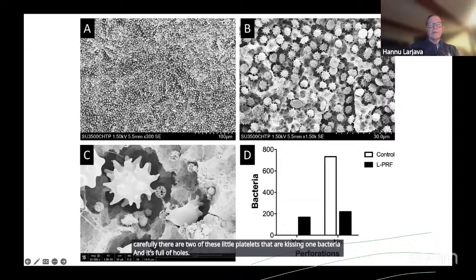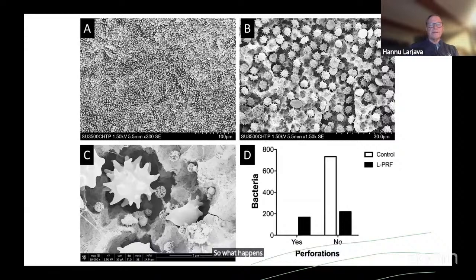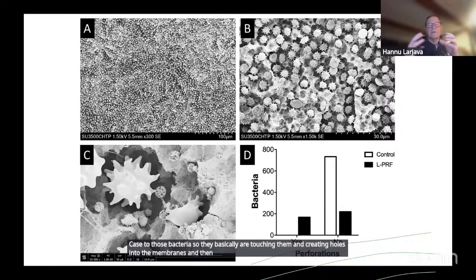So these have a death kiss for those bacteria: they touch them and create holes in the membranes, and then the bacterial cells take in liquid, burst, and die. So that's how we think they are not phagocytizing them, they are killing them.